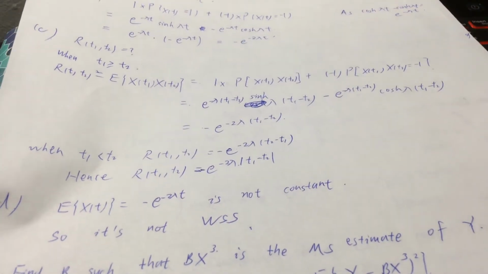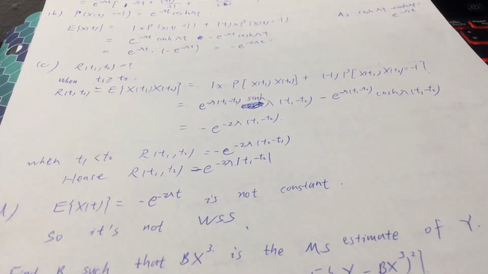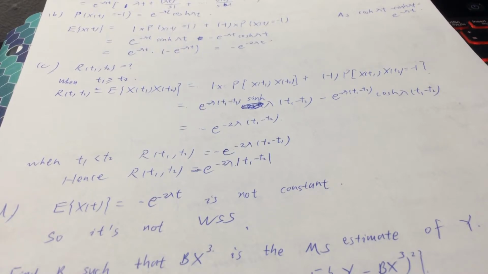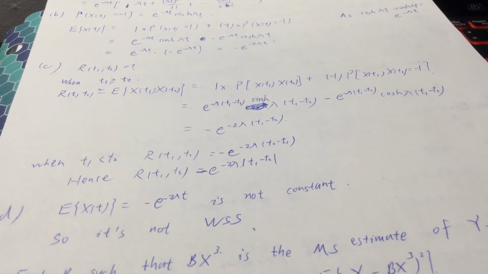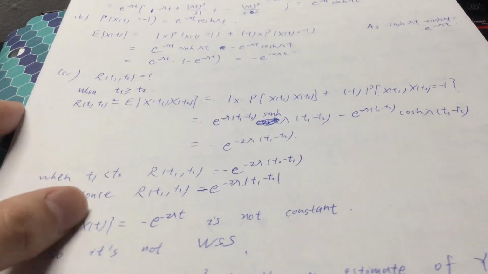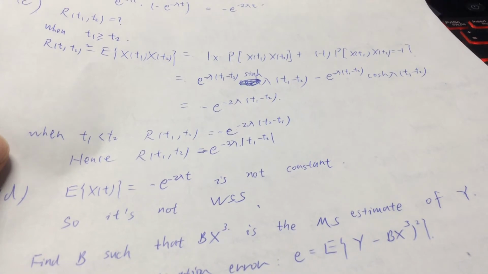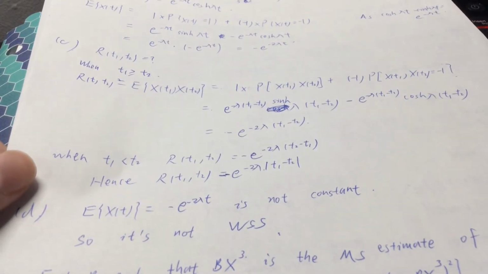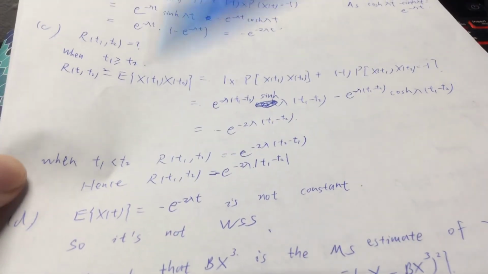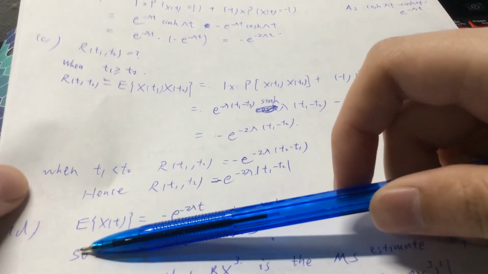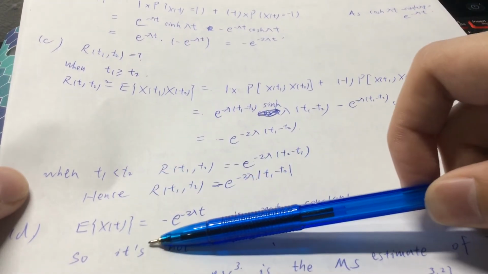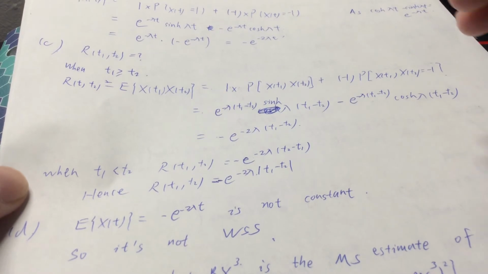And for the last part, it requires us to tell whether X(t) is wide-sense stationary. From the definition, if X(t) is WSS, the expected value of X(t) is equal to a constant.